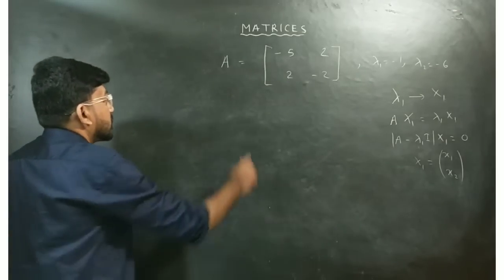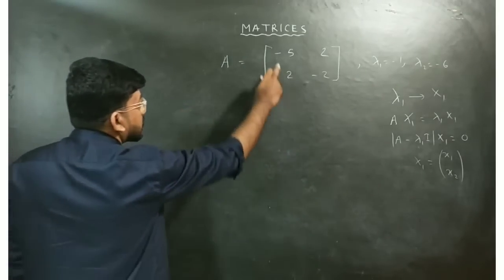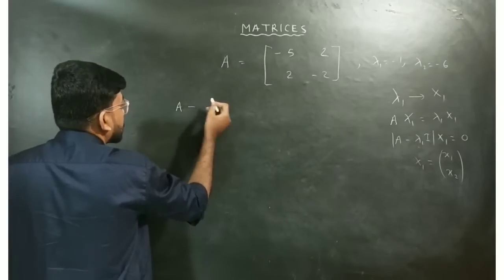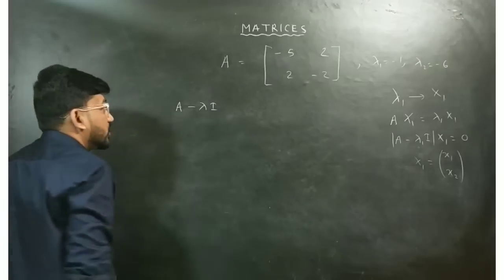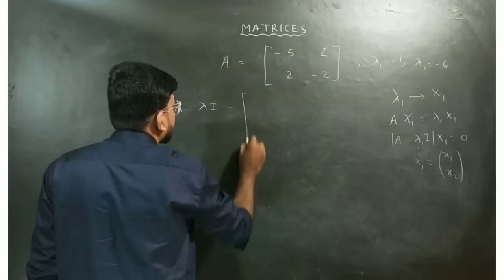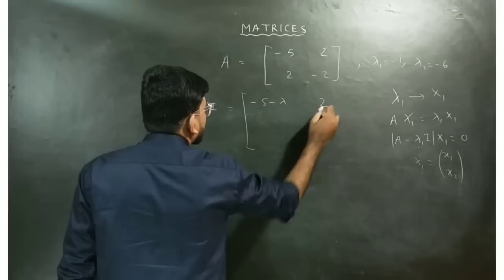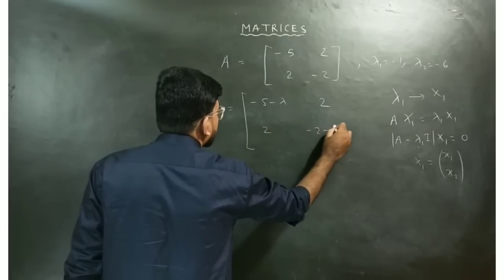Okay, so if we put lambda 1 equal to minus 1, in general we have A minus lambda I equal to, it was minus 5 minus lambda, 2, 2, minus 2 minus lambda.